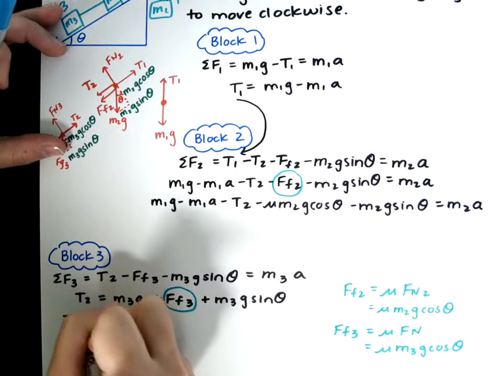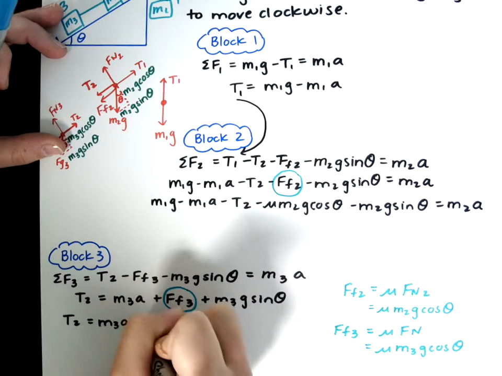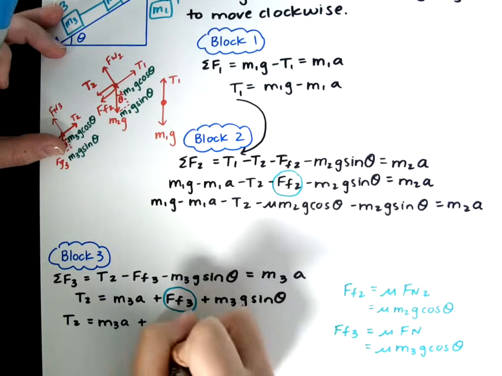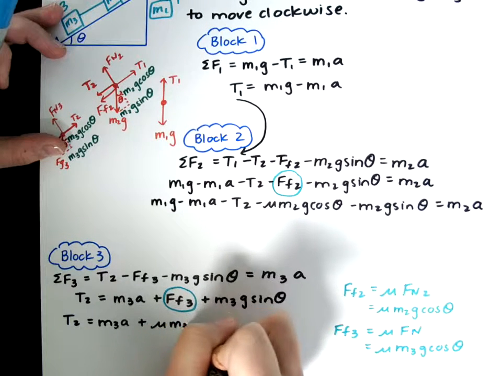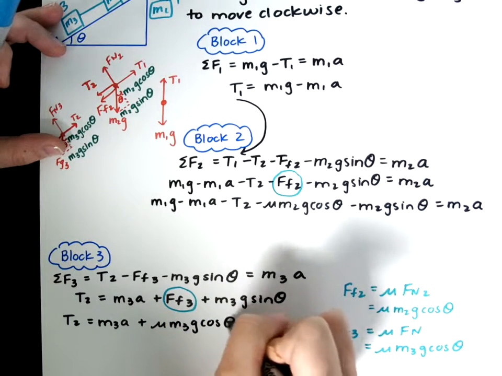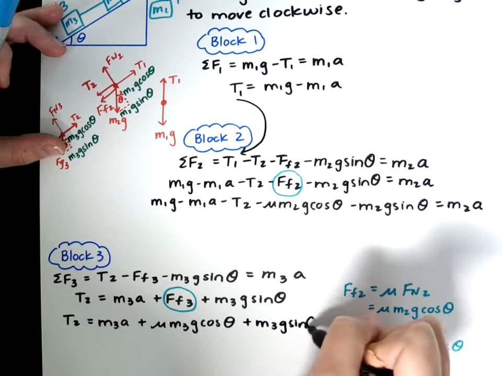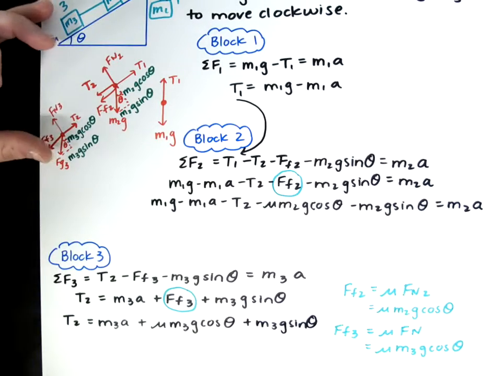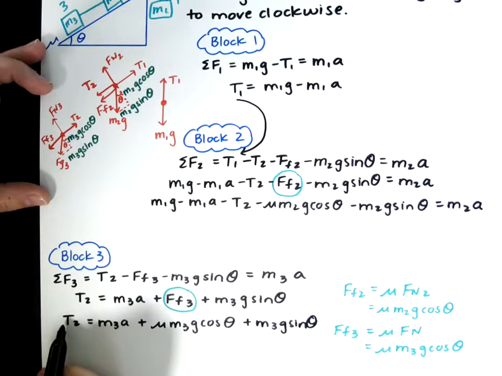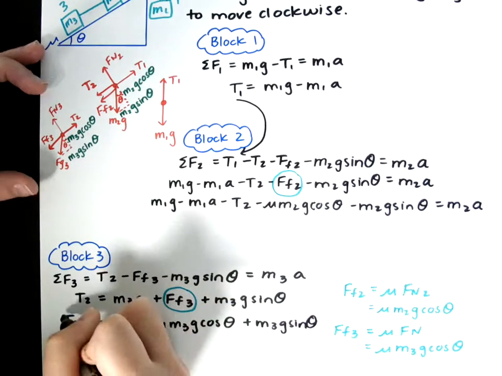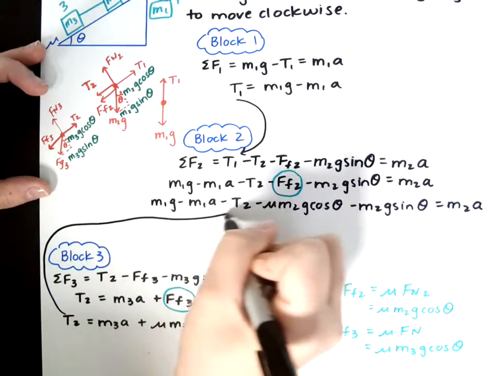We get T2 equals M3A plus mu M3G cos theta plus M3G sine theta. Okay, so now we have T2. Let's go ahead and plug that T2 in right here.